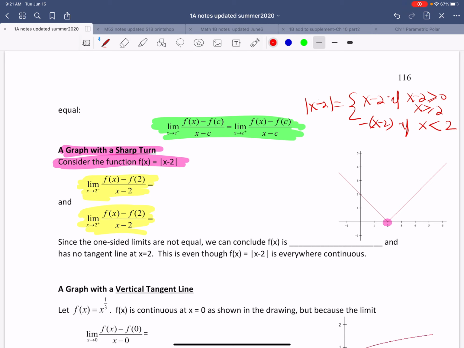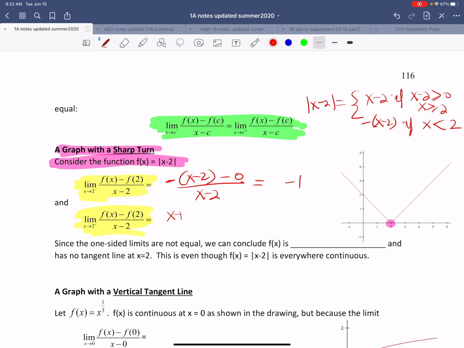All right, so coming to 2 from the left-hand side, f of x would be negative x minus 2, and f of 2 would be 0, divided by x minus 2, which is negative 1. And coming to 2 from the right hand side, the absolute value of f of x would be x minus 2, no negative in the front, and f of 2 is 0 divided by x minus 2, which is going to equal positive 1.